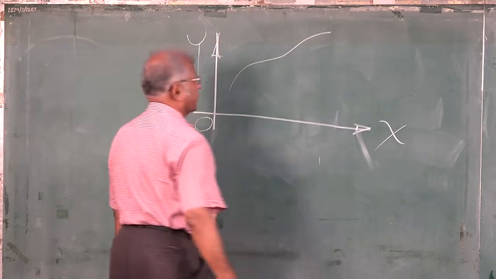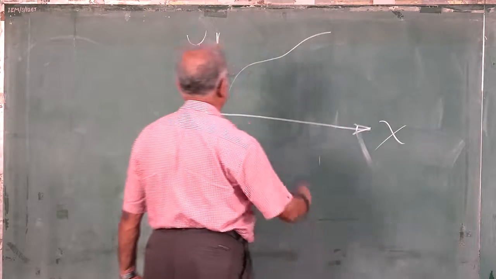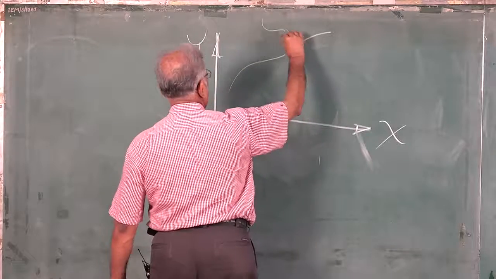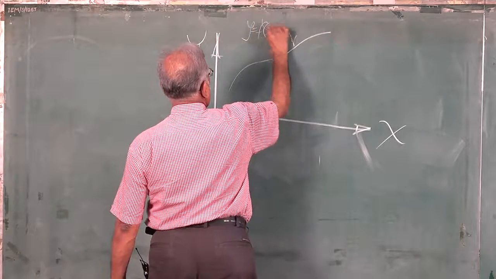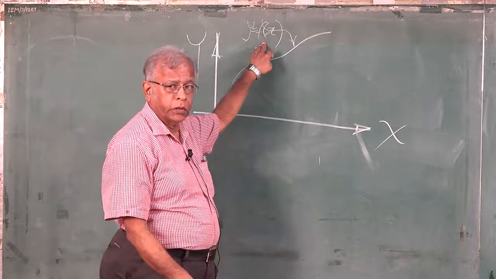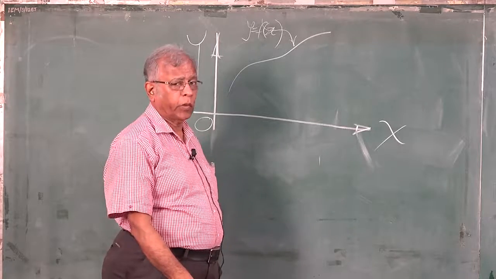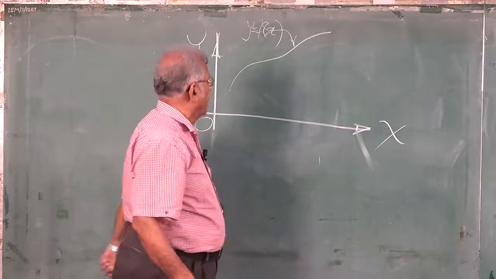This is part of a curve whose equation is given in the form y is equal to f(x). That functional description is given very clearly. For example, y is equal to x square or y is equal to the square root of x and so on.